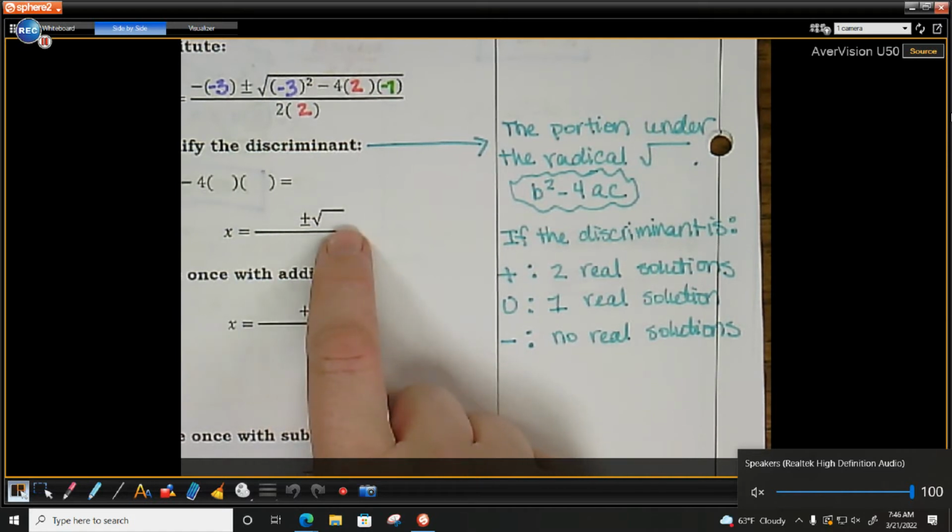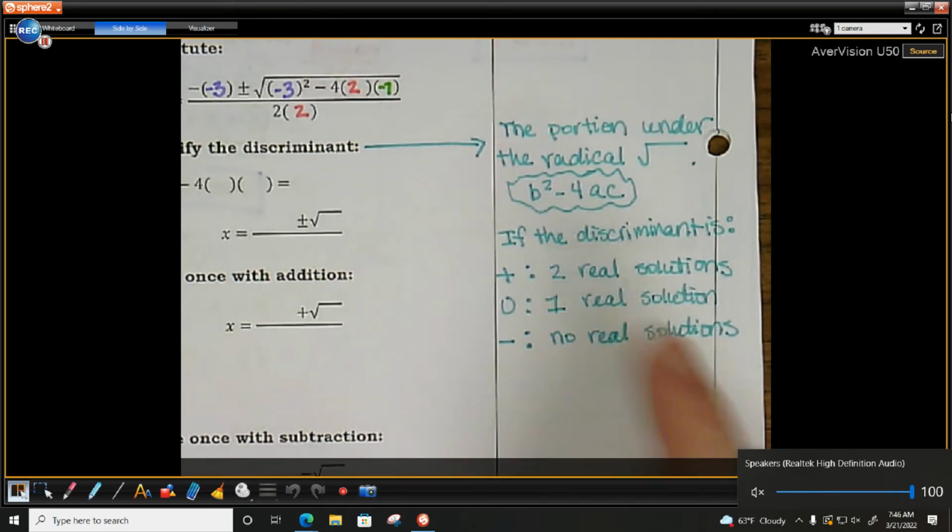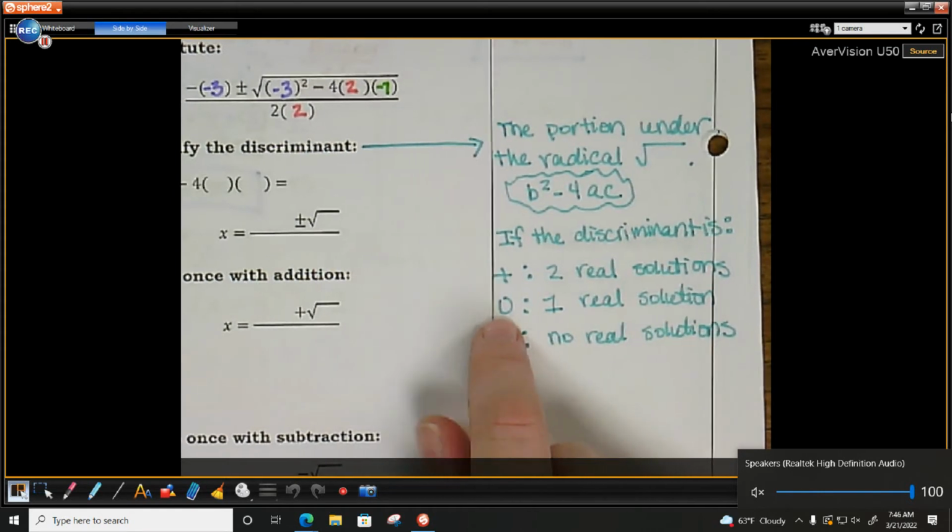And if you subtract 2 from something, you get a different number, right? So I would give you 2 different answers. If the discriminant is 0, what's the square root of 0? 0. If you add 0, and if you subtract 0, do you get 2 different numbers? No, you're only getting one answer. That's why it's only one solution.